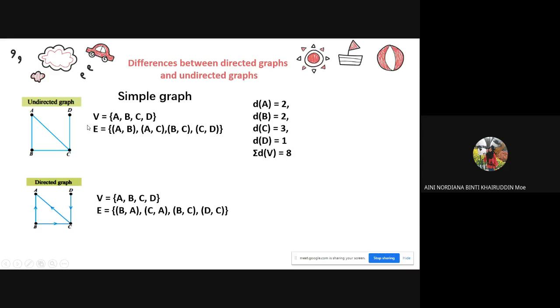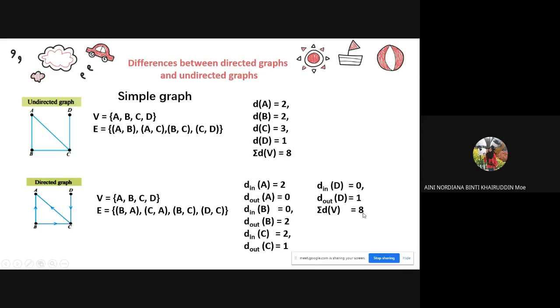For the undirected graph, you can write any position of A and B. But for directed graph, you have to follow the arrow. But the sum of degrees remains unchanged, which is also 8. For the undirected graph it is 8, and for the directed graph also 8.